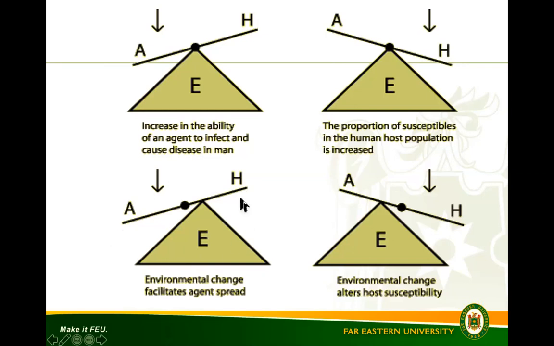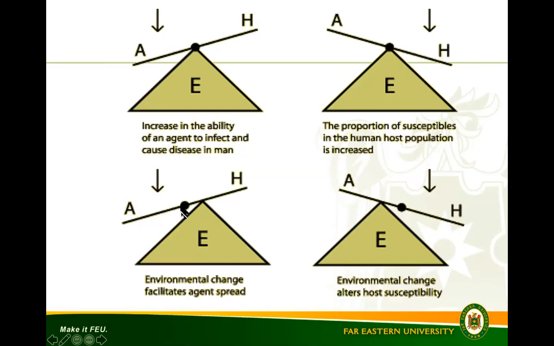Also, there might be cases wherein the environmental change can facilitate the spread of the agent. In this case, more weight is given to the agent, with the environment moving away from the center of the spectrum.